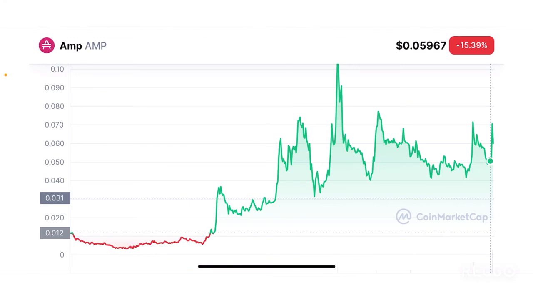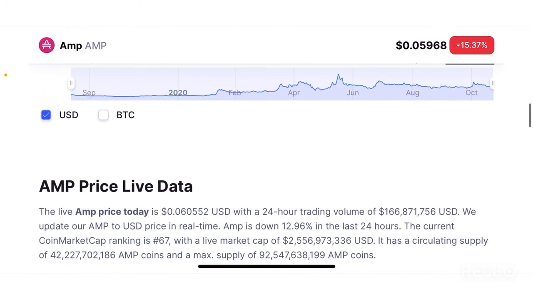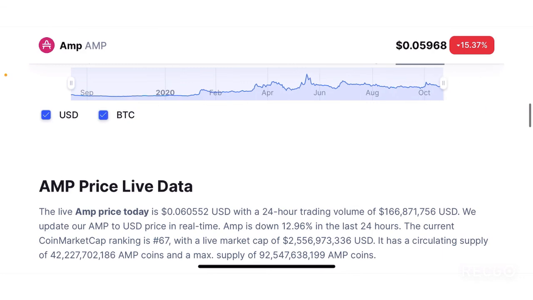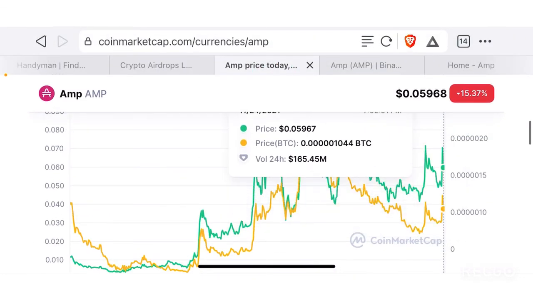But when it comes to the Bitcoin comparison, on the other hand, you can clearly see that this token has a very similar pattern to the dollar comparison.